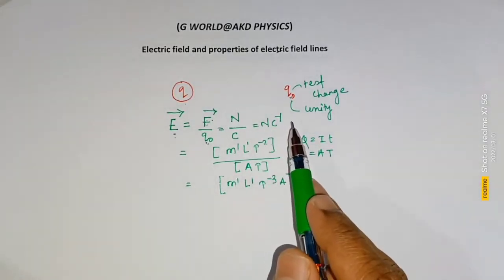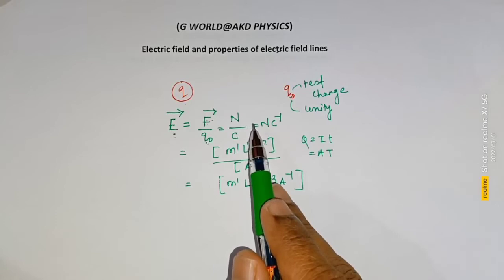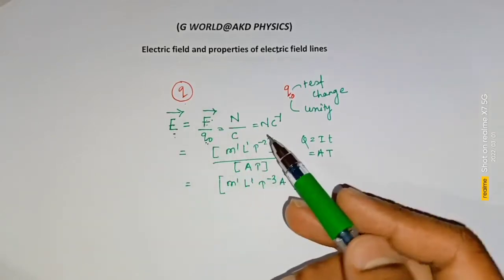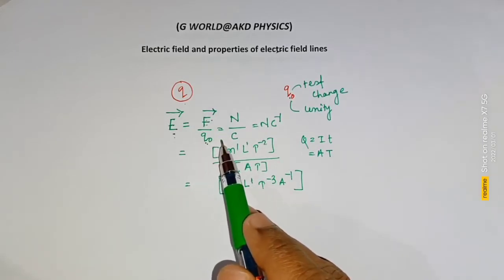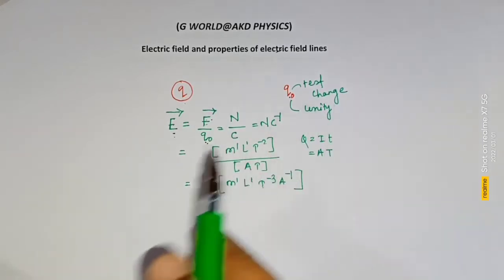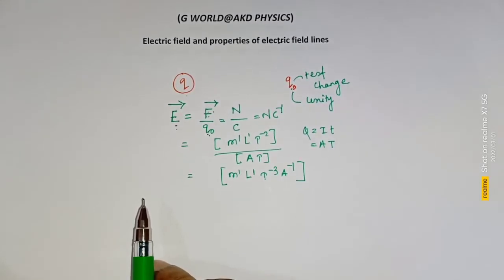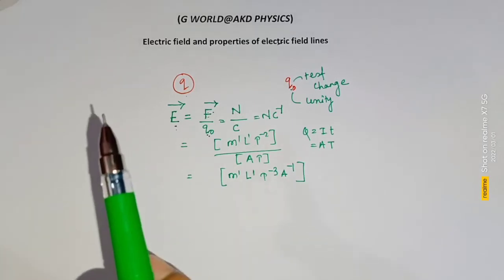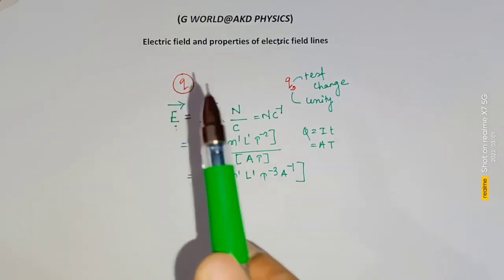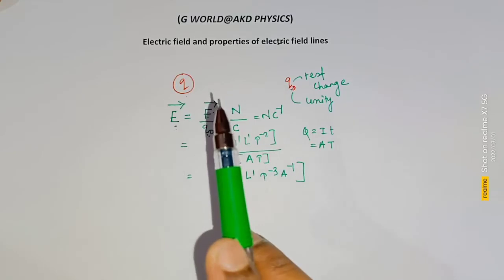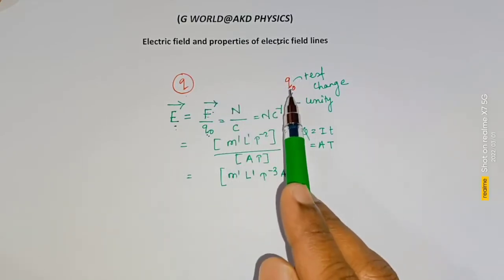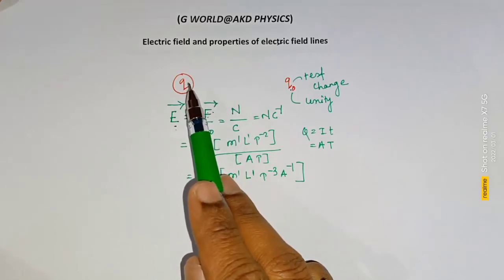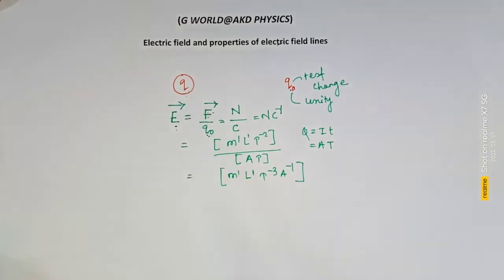And what is the direction of electric field intensity? It is along the direction of the force, or in which direction the test charge is moving, that is the direction of electric field intensity. I hope the scenario is clear. I want to repeat it again. The region surrounding the source charge, where the influence of the source charge can be realized by a test charge, is called electric field intensity or electric field strength of the source charge.